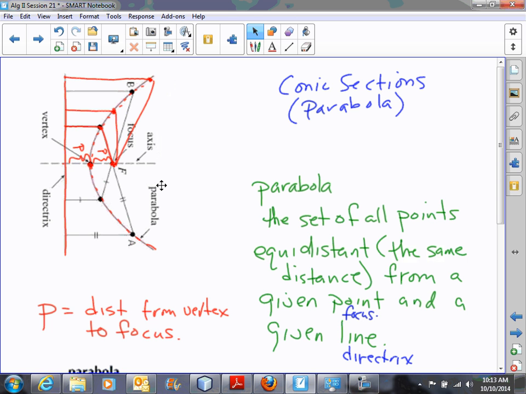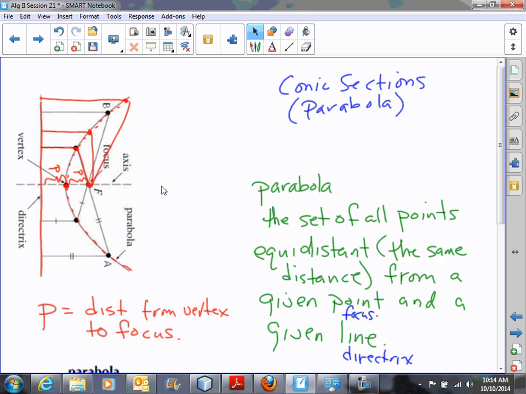We could have a parabola on its side as well. Now, at this particular point, you may be saying, well, Mr. McFarland, if you did that, you wouldn't have a function. And that's true. A parabola opening right or opening left is not a function, but it turns out that it is the inverse of a parabolic function. And so we have one equation that you learned before.